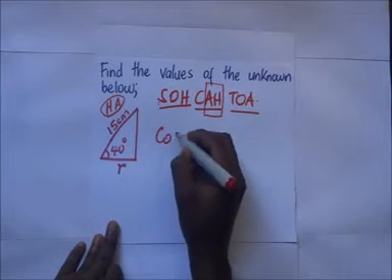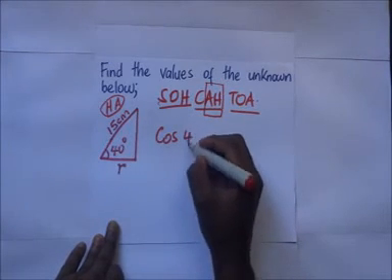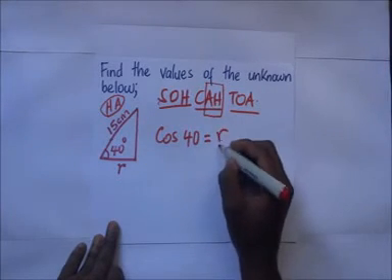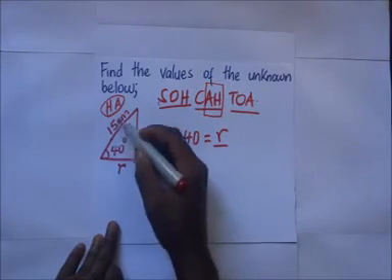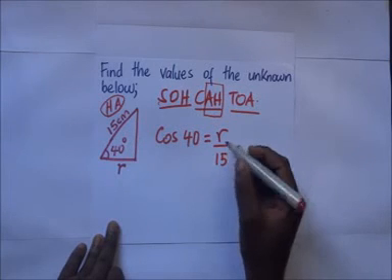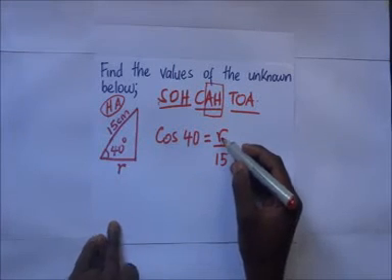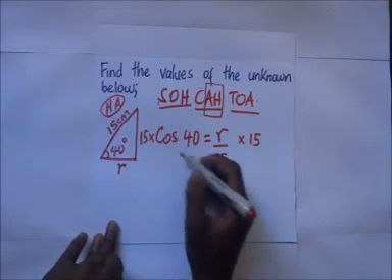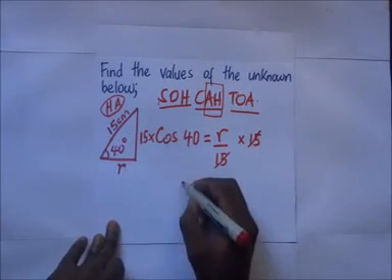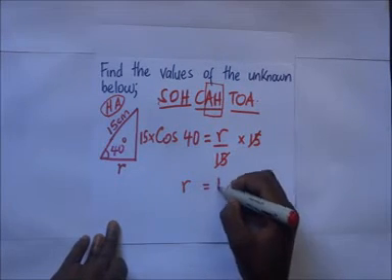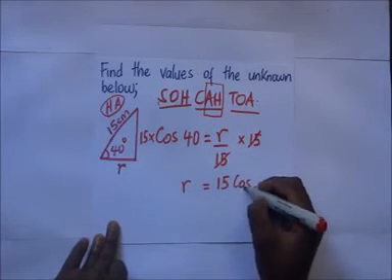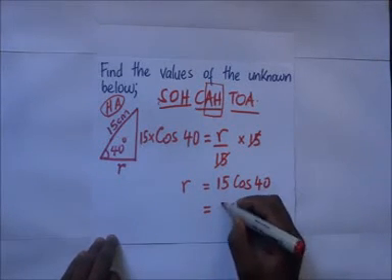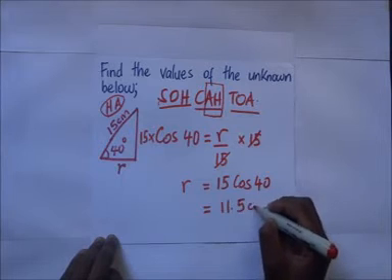So we shall say cosine of angle 40 is going to be equal to adjacent, the r we are looking for, over the hypotenuse, which is 15 centimeters. And when we make r the subject of the formula by multiplying 15 on both sides, we remain with our value of r giving us 15 times the cosine of 40. And the answer we get there will be 11.5 centimeters.